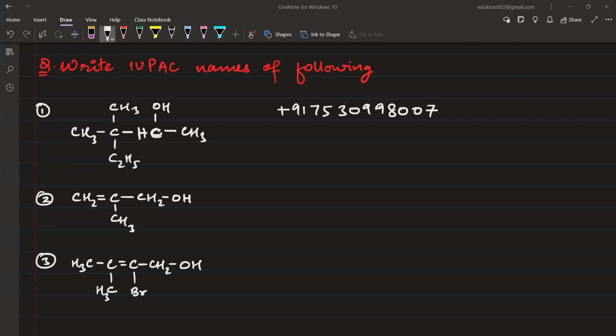This was 1, this was 2, this was 3. So you can either go up for the parent chain, or you can go left, or you can go down. You have to go down, right? Okay, sir. Got it? Now change the answer.